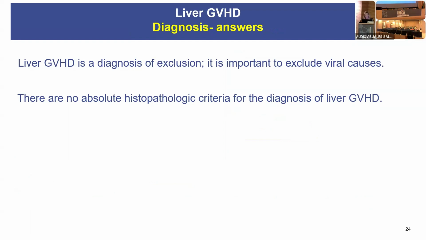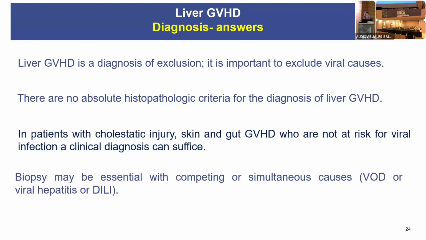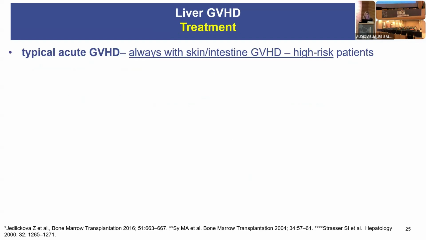So liver GvHD is definitely a diagnosis of exclusion without absolute histopathological criteria. We should think of viral causes, and as with other viruses in the post-transplant setting, there should always be a PCR and not a serology. Biopsy might be essential in some cases, but even with biopsy, the histopathology is not always going to be confirmatory. That's the hard life of a transplant physician.